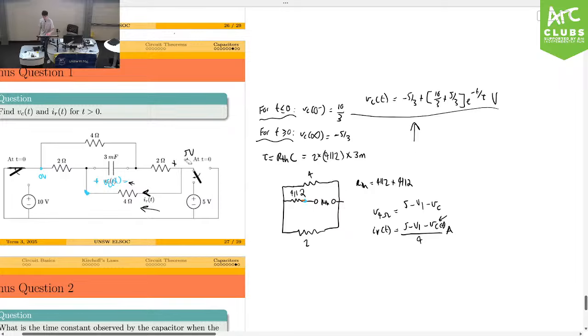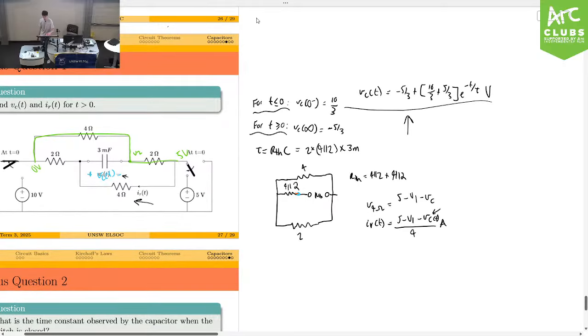If I wanted to do KVL across this, I know there's 0 volts, and I know that this is 5 volts up here. This, I've defined to be V1. My bad.